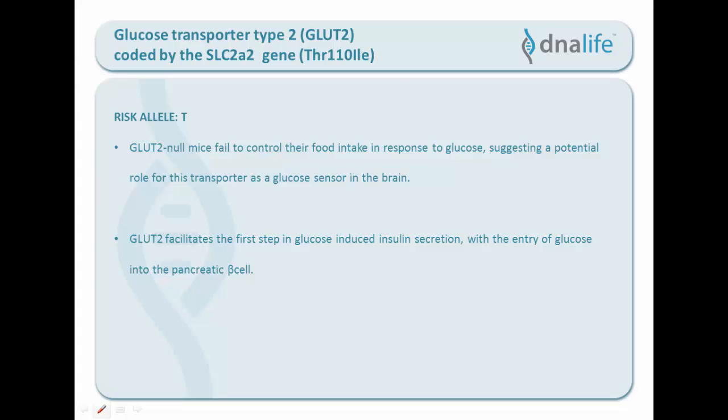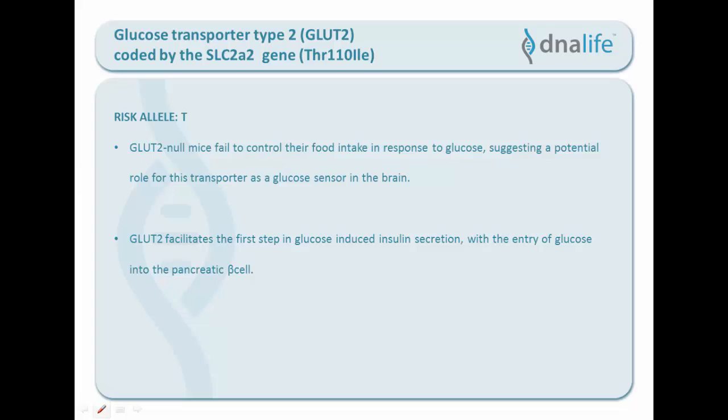GLUT2 facilitates the first step in glucose-induced insulin secretion with the entry of glucose into the pancreatic beta cell. And because of its low affinity for glucose, it has been suggested as a glucose sensor and is considered to be important in the postprandial state. It is also involved in food intake and regulation.